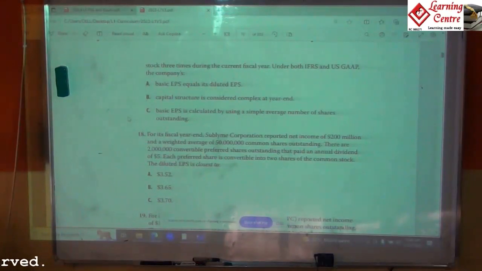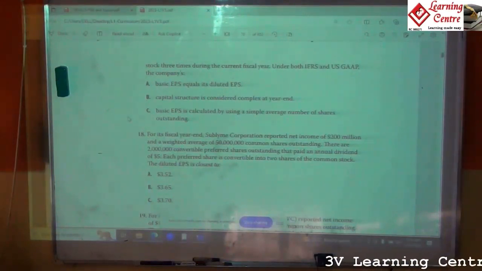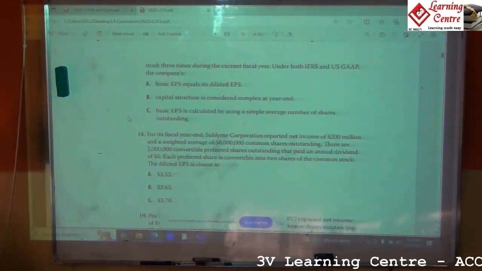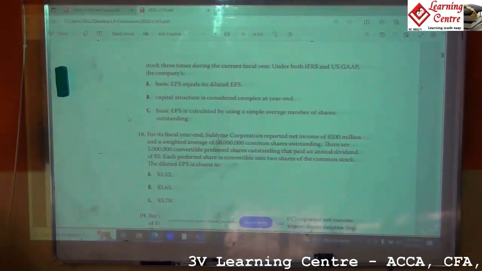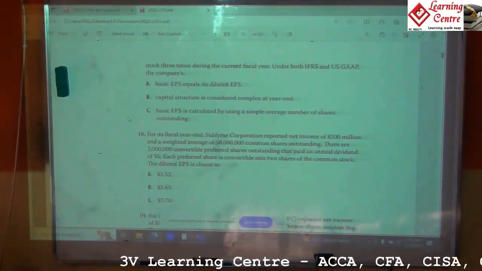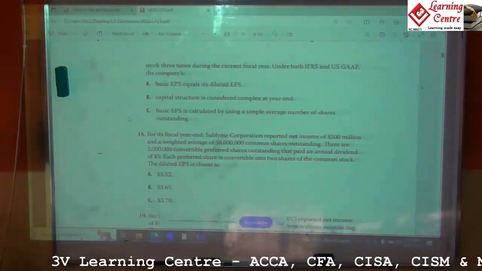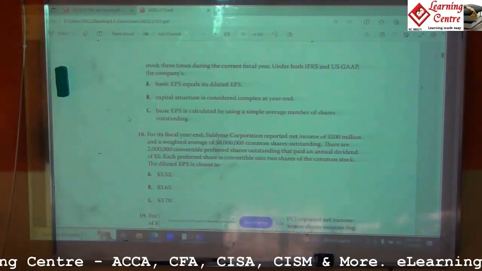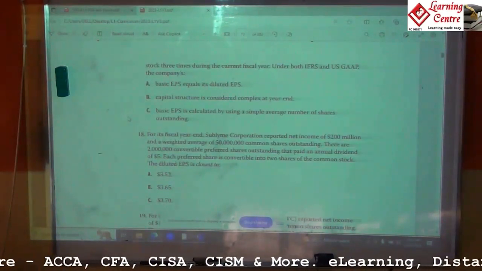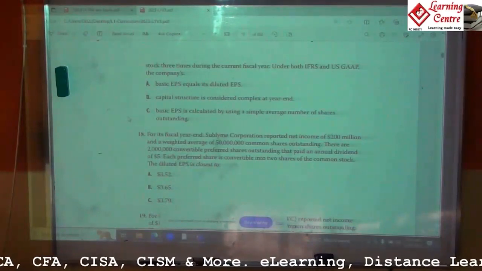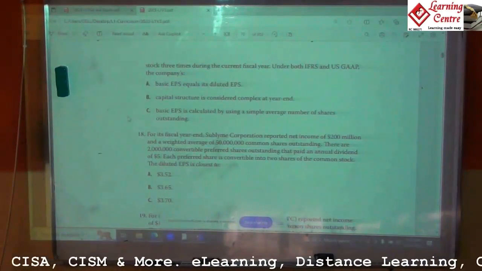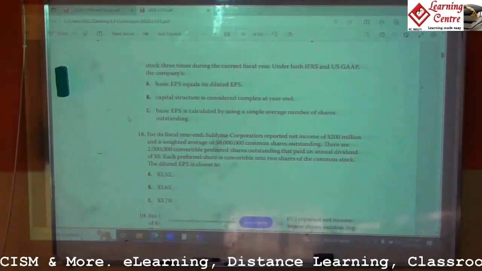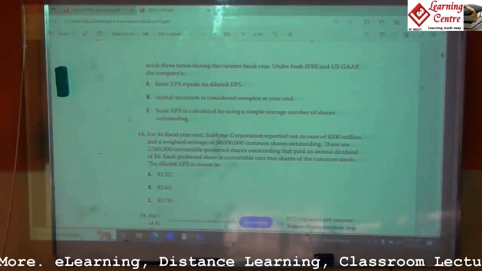Now let's calculate our diluted earnings per share. At that point, you are no longer enjoying the benefit of the preference dividend. Now you are converting into diluted earnings per share, so the preference dividend will be off. So our net income is 200 million divided by 50 million shares plus now we have 2 million convertible shares times 2, which is 4 million.